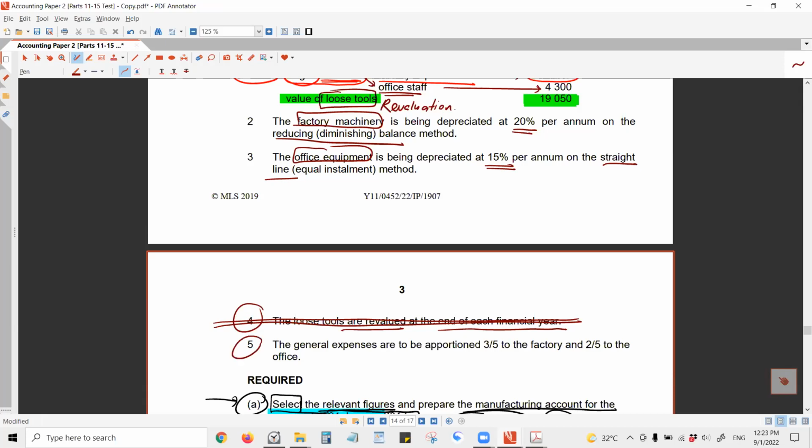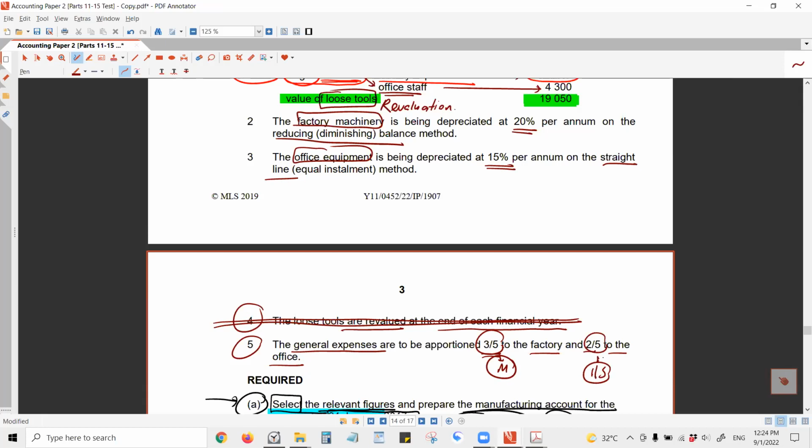Oh, you see, general expenses, they say that 3/5 goes to the factory, 2/5 goes to the office. So what is the consequence of this? 3/5 will go to the manufacturing account, 2/5 goes into the income statement. That's what it means.